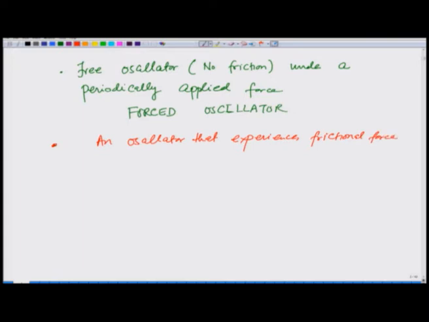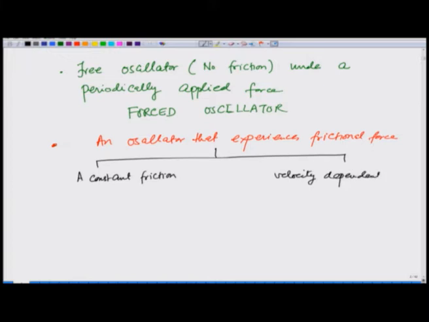There are going to be two kinds. One of them could be a constant friction and the other one is a velocity dependent friction. We will consider both cases. It is usually the second one, the velocity dependent friction, that is referred to as damped oscillator.